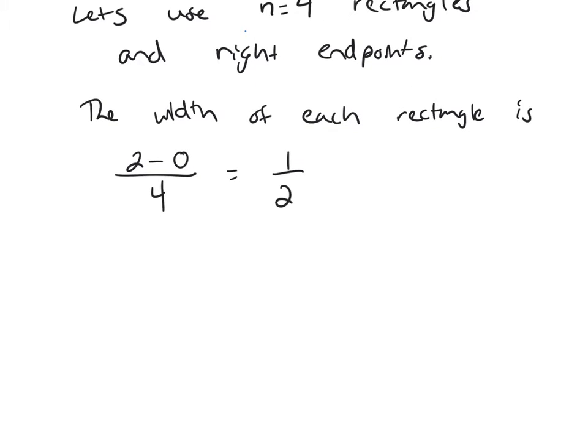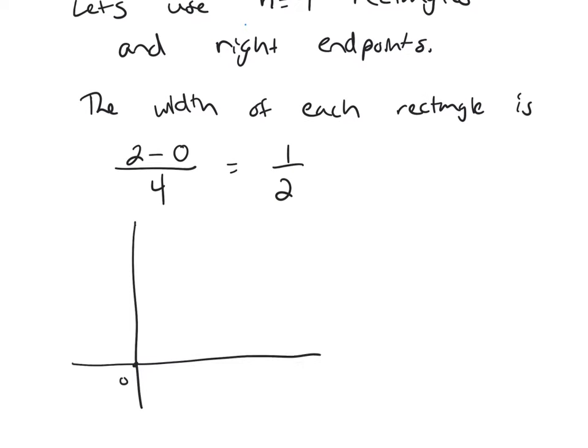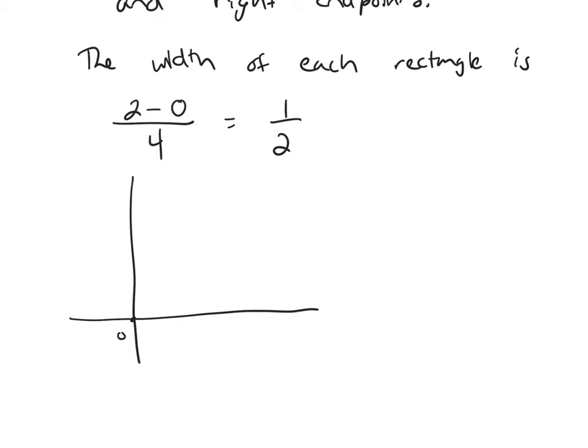Okay, so now here's 0. I'm going to again sketch my curve here, my part of my parabola I'm using. 2, 4.